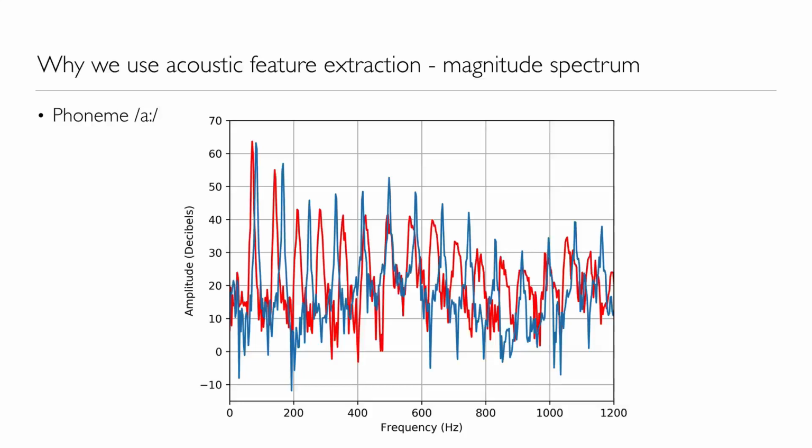One possible solution is to extract the spectral envelope, which is the contour of this spectral magnitude. If you compare these two curves now, they look much more similar, more consistent with the meaning of the underlying waveforms. They mean the same phoneme, right?